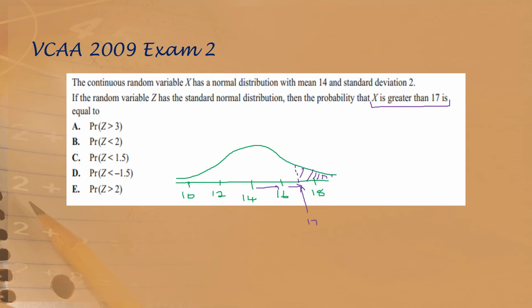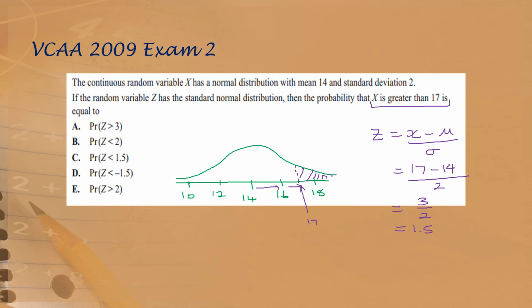The other way that we can get that value is to standardize. My formula to standardize is that I take x, subtract the mean and divide by the standard deviation. X is 17 minus the mean of 14, divided by the standard deviation, which is 2. That will give us 3 over 2 or 1.5.